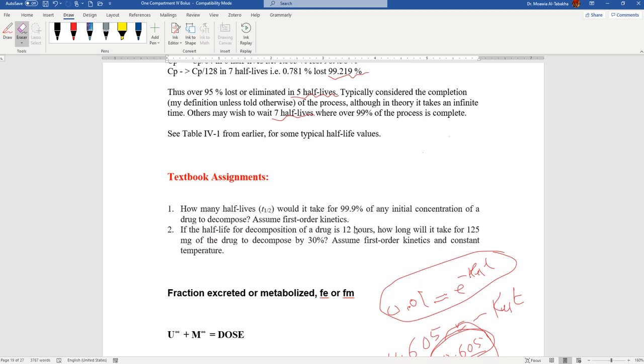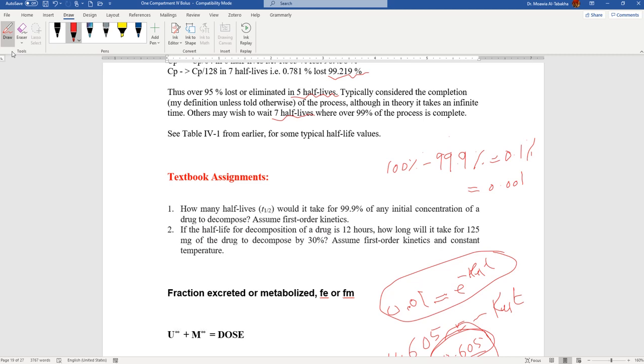Okay, now the remaining will be 100% minus 99.9%, and this will give you 0.1%. 0.1% is equal to 0.001.